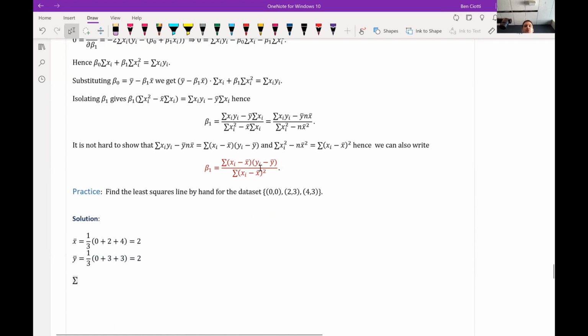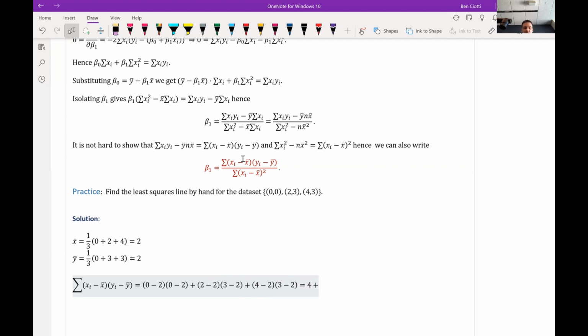Then the numerator of the expression for beta 1, the sum of the ith deviation of the x values times the ith deviation of the y values, will be 0 minus 2 times 0 minus 2, plus 2 minus 2 times 3 minus 2, plus 4 minus 2 times 3 minus 2.